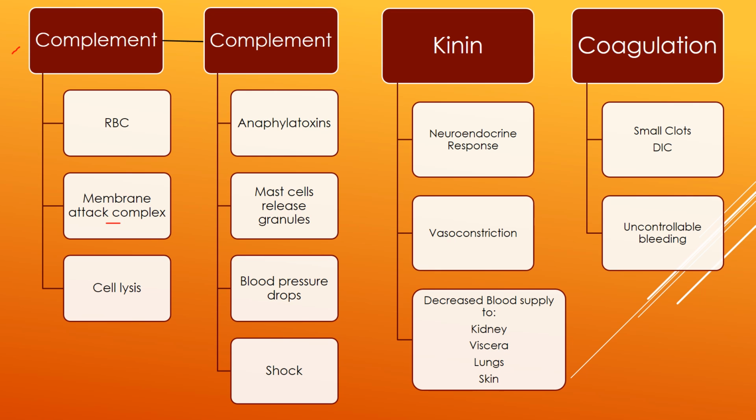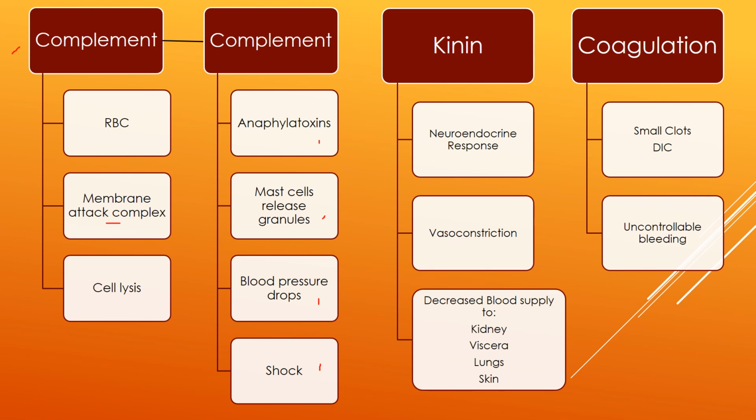And those factors, the C5a, those little factors there, they can act as anaphylatoxins, where they cause massive influx of cytotoxins, leading, unfortunately, to anaphylaxis. They can release mast cell granules. Both of these can lead to a drop in blood pressure and eventually shock. It's not necessarily that it's always that way, but it can lead to that.